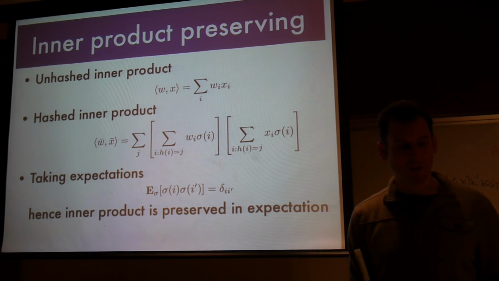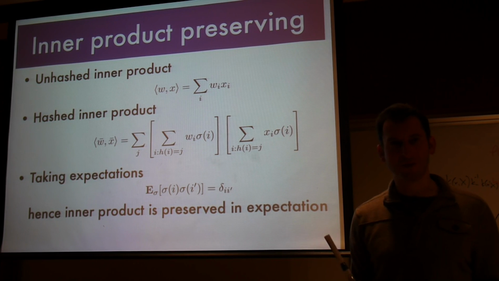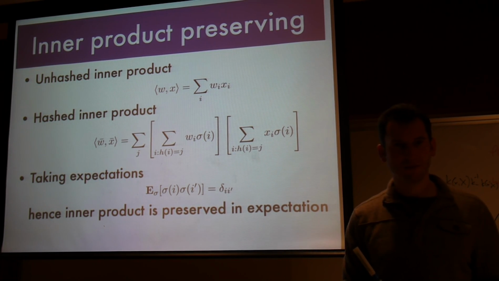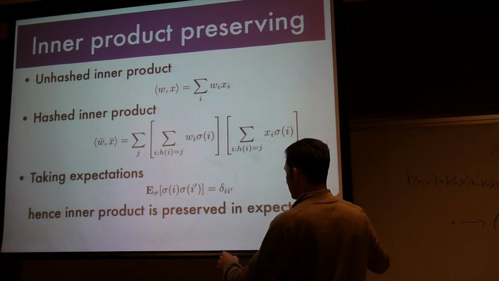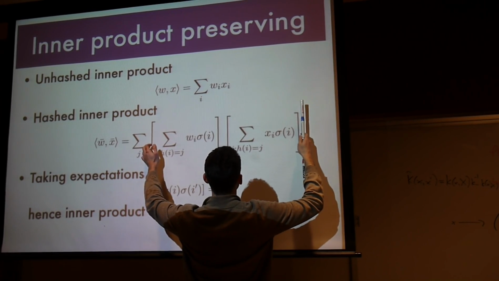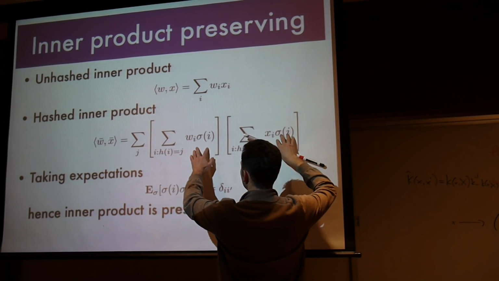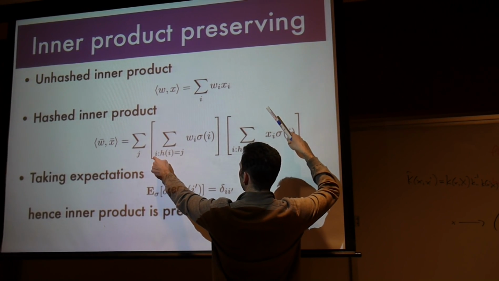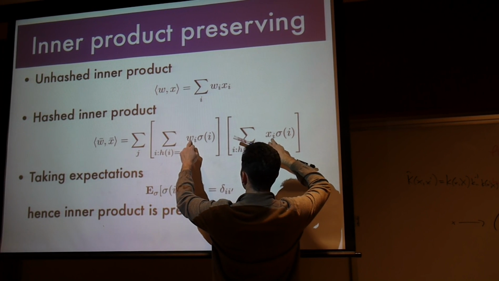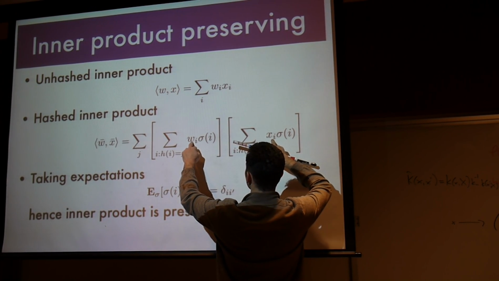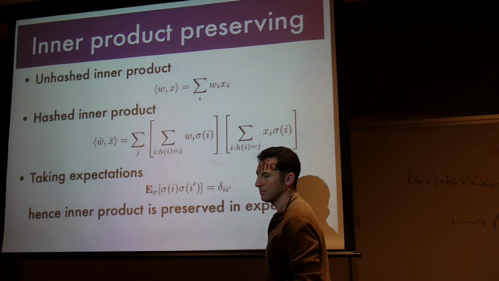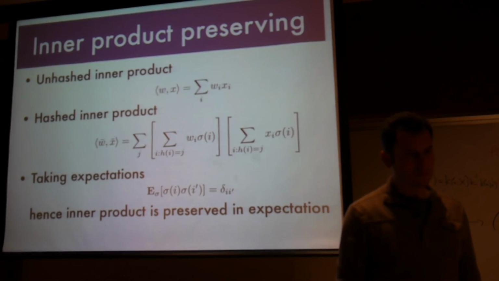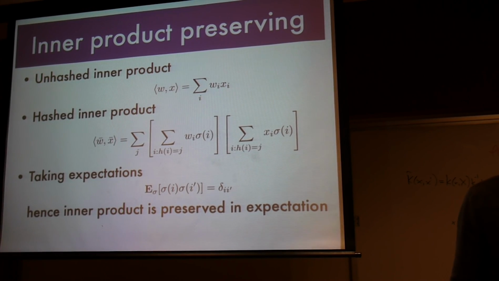If i equals i prime, they're going to be the same. So this now preserves the inner product. Okay. And if I take an expectation over this, then that sum becomes delta i prime, so the only term that survives is w_i x_i, and the estimate is unbiased. Okay. Does that make a little bit of sense?